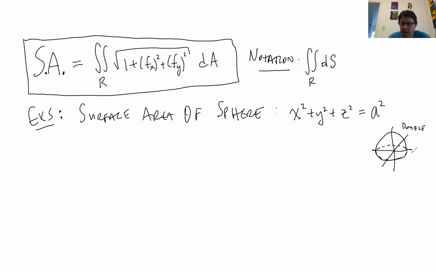And so this is a, in all these directions. So in order to set this up, I'm going to need my function, my f, and I'm going to need to know what the shadow region looks like down below in order to set up all of these things. So the first one to get the function is I solve for z.